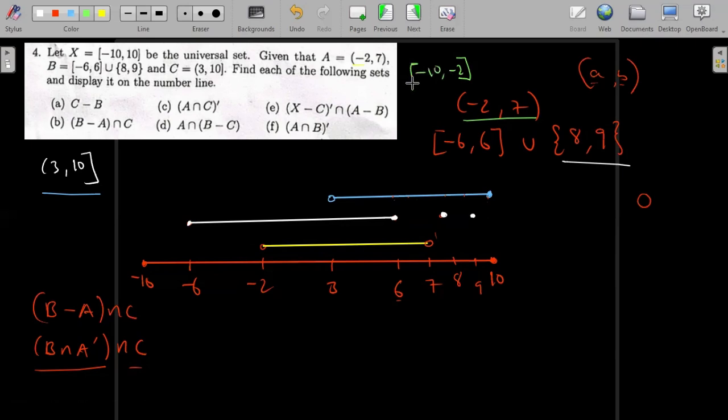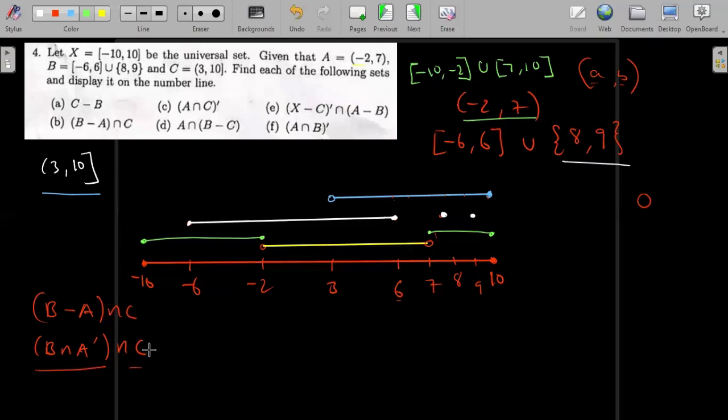This here is going to sit in the complement. Then union, of course, 7 is not in A, meaning it's going to be in the complement all the way up to 10. So if I am to write this, that means from -10 up to -2, then from 7 all the way up to 10. So this is our A complement.